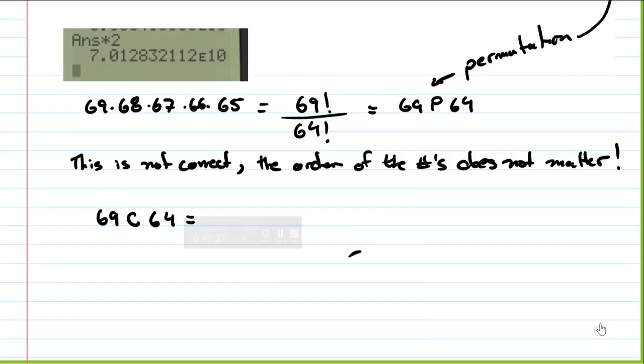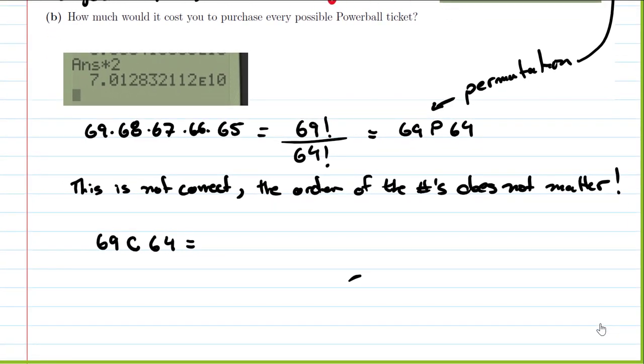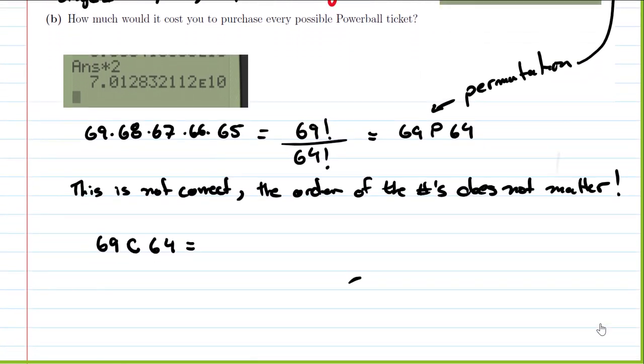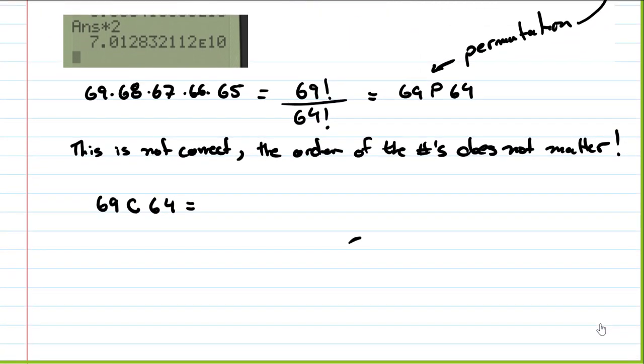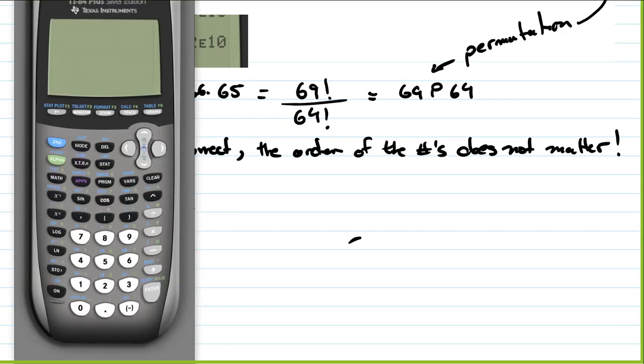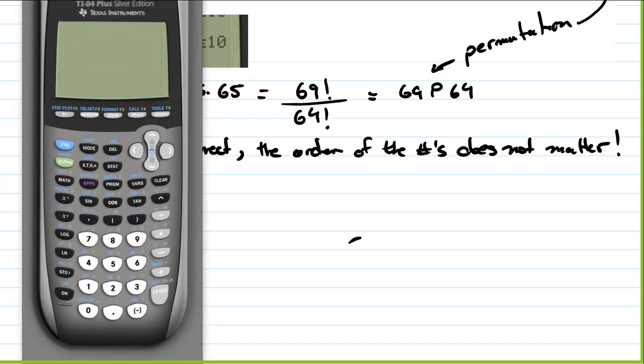And, okay, so we wanted a combination, not a permutation. So this is not correct. So 69 choose 64. If we grab our calculator, what's that going to give us?